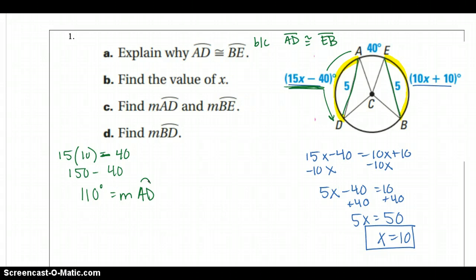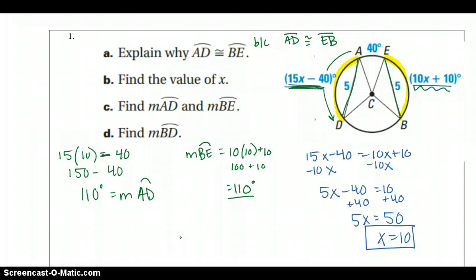Now we know the measure of arc BE must be congruent, so it must also be 110, but let's try plugging in 10 to our equation to double check. So I plug in 10 into my equation, 10 times 10 plus 10, 10 times 10 is 100, plus 10 does in fact give me 110 degrees. So it works out that they're congruent like we wanted.